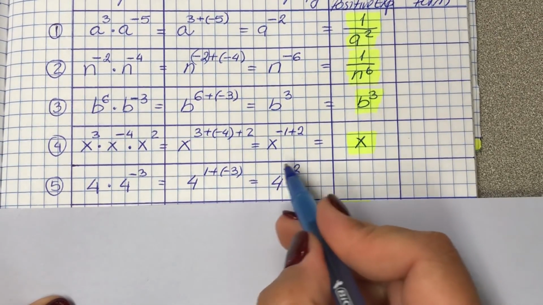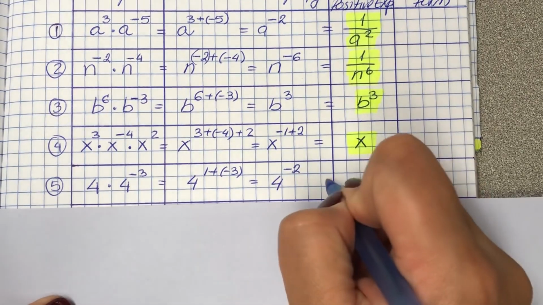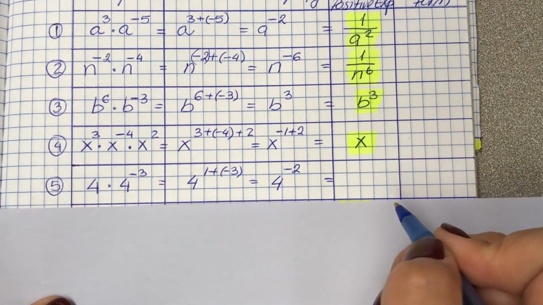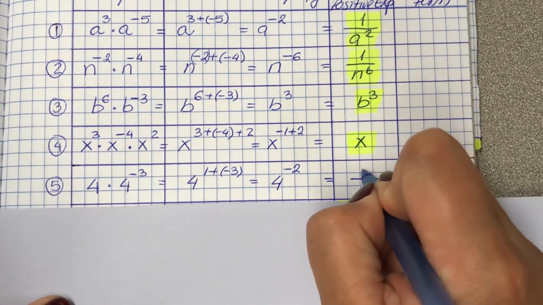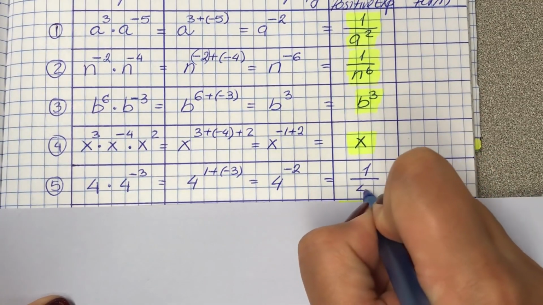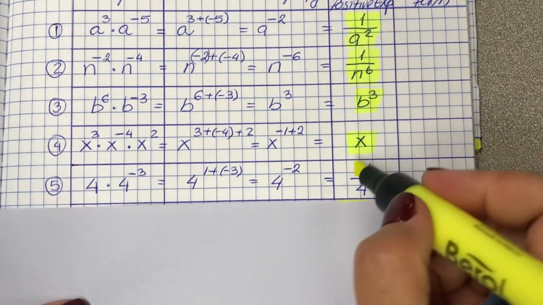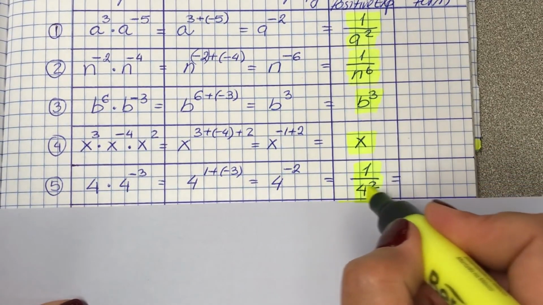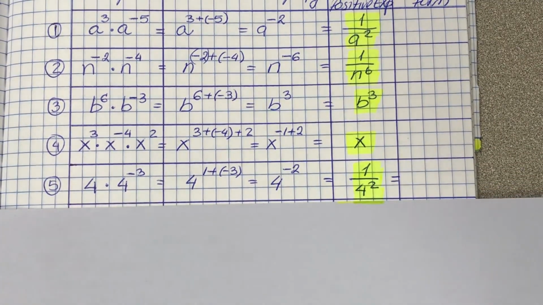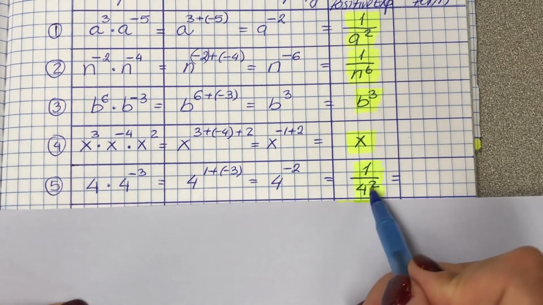Now, this is not your final answer because all the answers have to have positive exponents. That means we use the negative exponent rule and we put 1 divided by 4 to the second power. Now, this could be the answer in exponential form, or evaluated further, because we can solve 4 to the second power. 4 times 4 is 16.